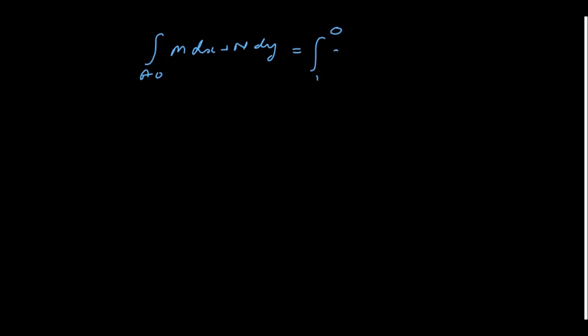We know m is equal to xy plus y square, so xy plus y square dx plus x square dy. We will first write AO, then after substitution we will give the limit. So this is equal to the integral from 1 to 0, and instead of x and y we will give t: t square plus t square dx.